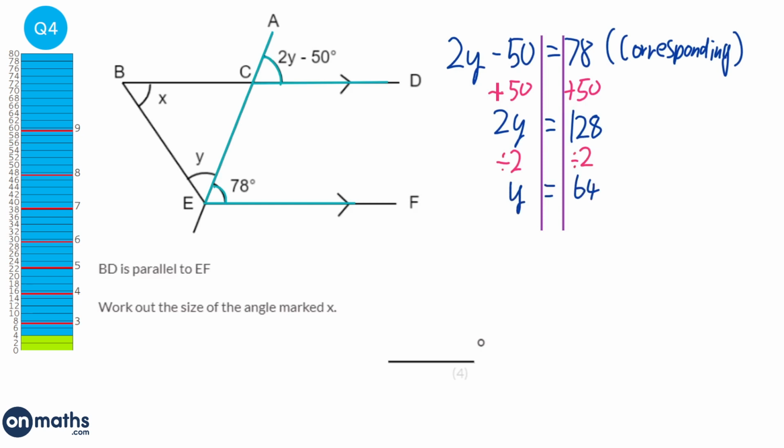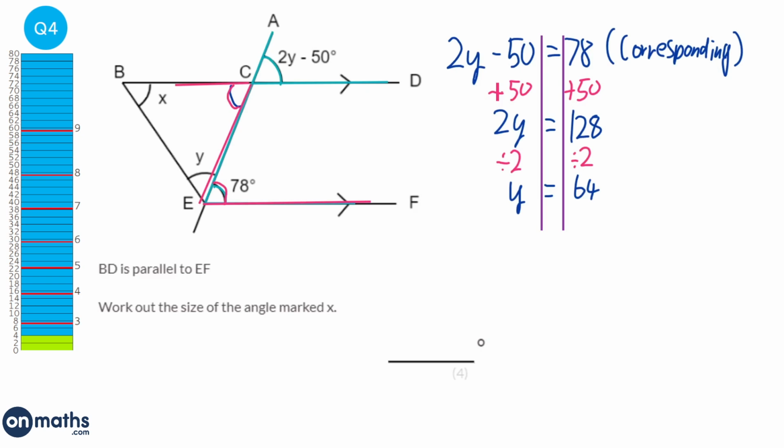And so we look back at the diagram to find out how we'd work out x. There are a few different things we can do. We could work out the fact that these two here are vertically opposite. That would be absolutely fine. But actually, if we look at this part here and this part here, these are also two parallel lines, and this angle here and this angle are going to be alternate.